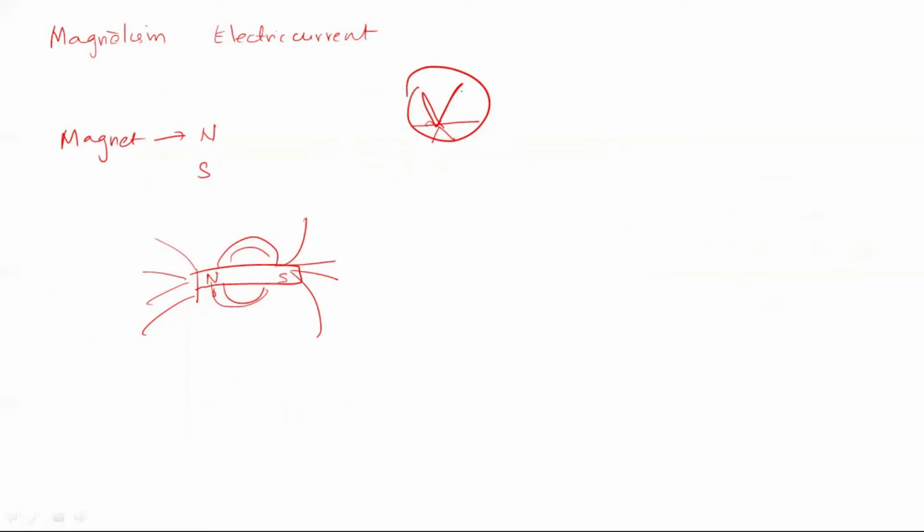The end pointing towards the north is called the north seeking or north pole, and the other end pointing towards the south is called the south pole. So there are two poles in a magnet. Magnetic lines emerge from the north pole and travel towards the south pole.